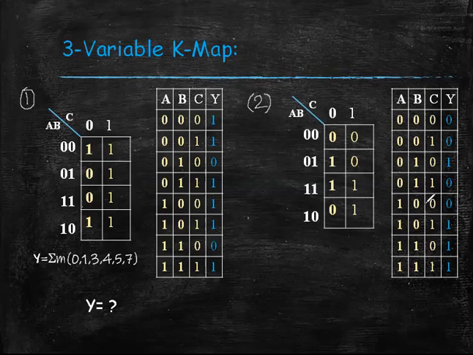Okay, here the SOP form is y is equal to sum of 2, 5, 6, 7. Okay, you have to group the ones and minimize the map and obtain the expression for y.